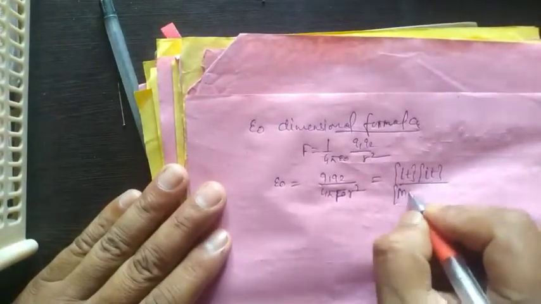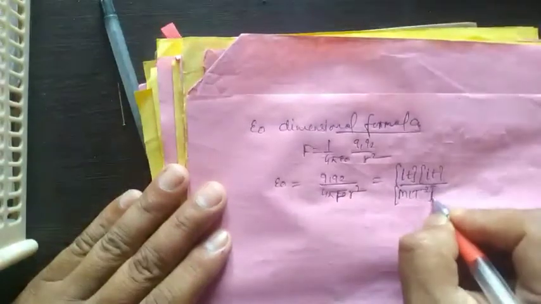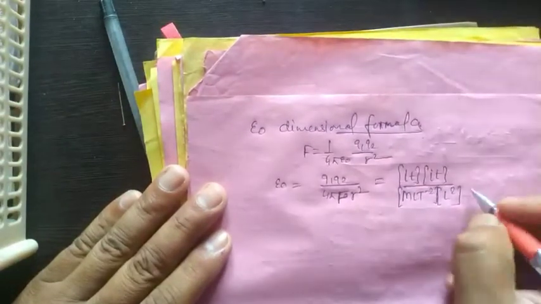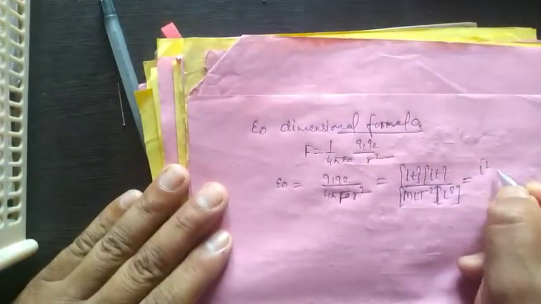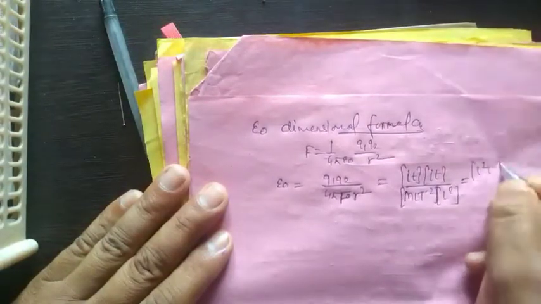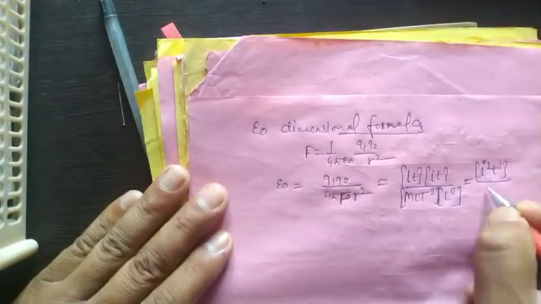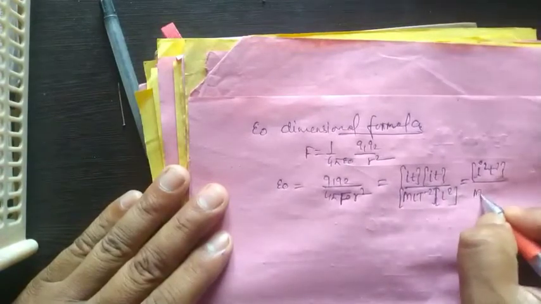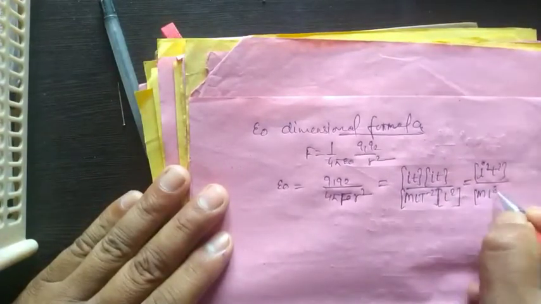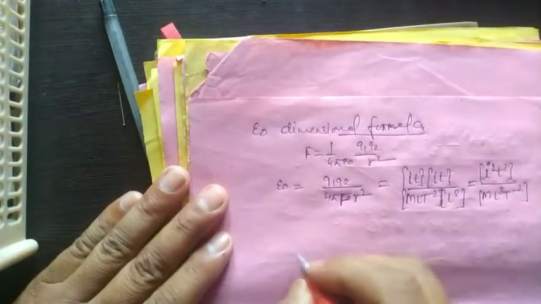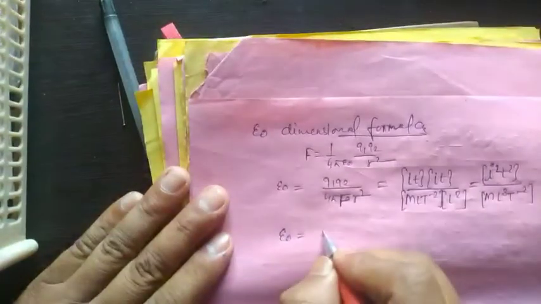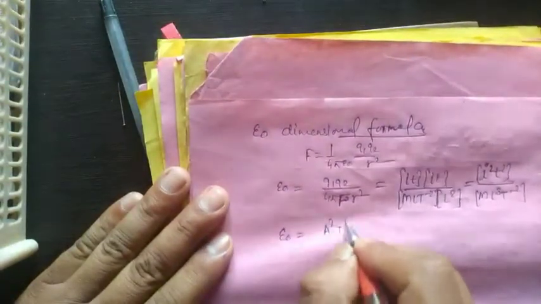F equals M L T to the power minus 2, and l square, then I square T square, giving M L cube T to the power minus 2 and finally A square T square.